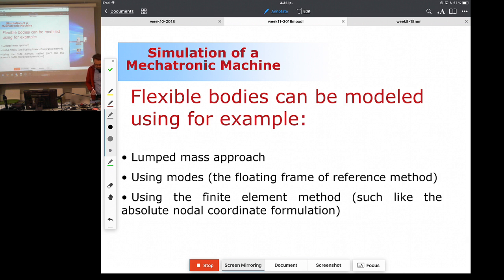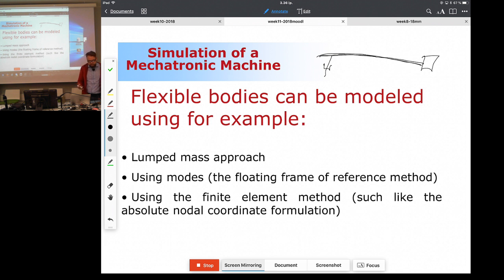An example where this deformation is quite important is cranes. If you have a simple crane that is operated by a hydraulic cylinder, and this arm is a very slender structure, then quite often the deformation of the arm is so significant that it actually affects the performance of the structure.